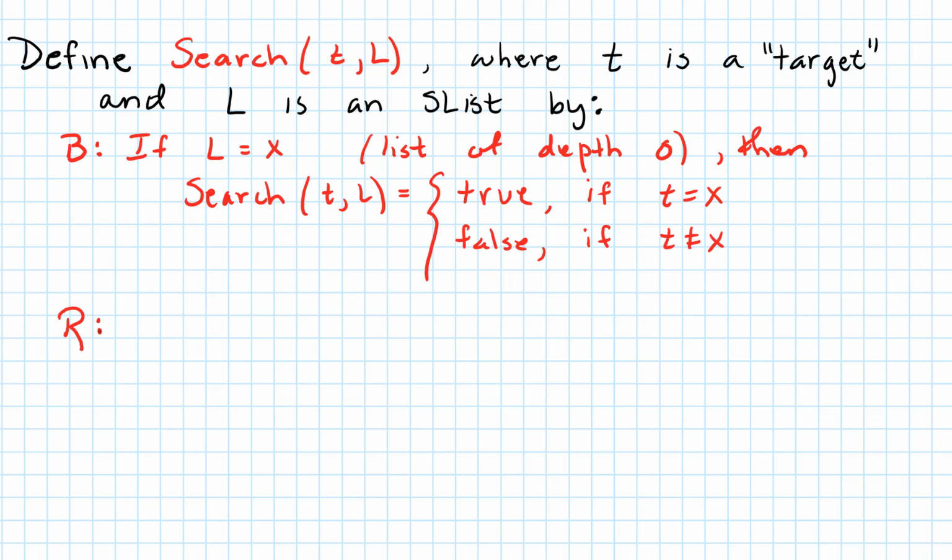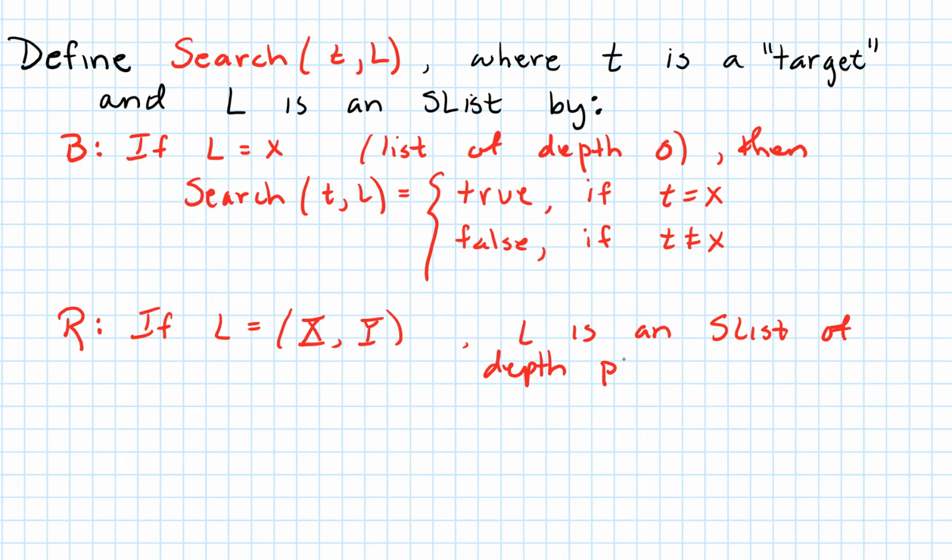In this case, let's suppose we've got a list that's depth greater than 0. So if L equals two S lists put together, X and Y, we'll denote this: L is an S list of depth P greater than 0, and X and Y are S lists.